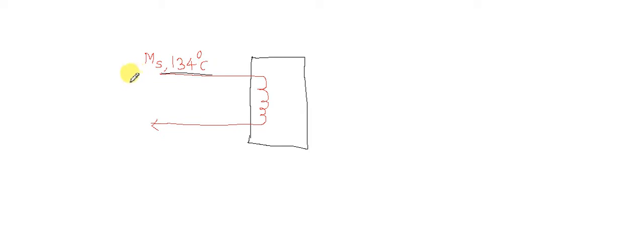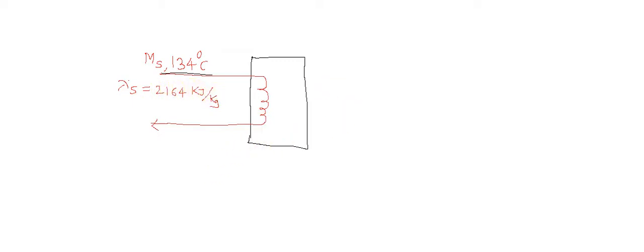And latent heat of steam is also given, lambda s, that is 2164 kilojoule per kg. You get this value from the steam table.